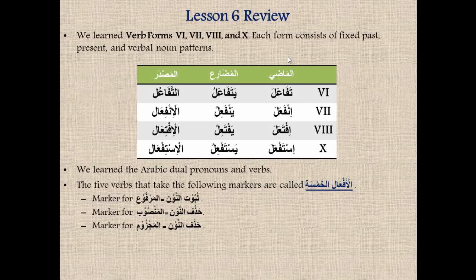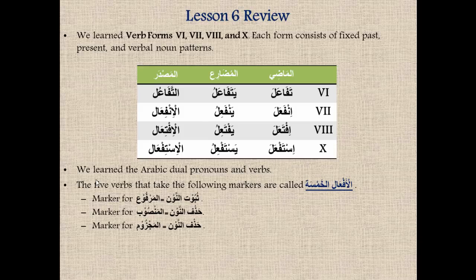This brings us to the end of lesson number 6. Here's a quick review. We learned verb forms number 6, 7, 8, and 10. Each form again consists of a fixed past, present, and verbal noun pattern. So here's a chart summarizing the new verb forms that we just discussed. We also learned that the Arabic dual pronouns are huma and antuma, and we learned their present and past tense verb conjugations.